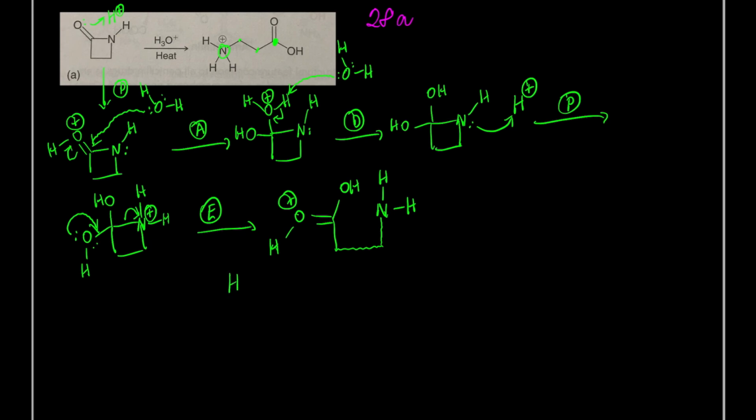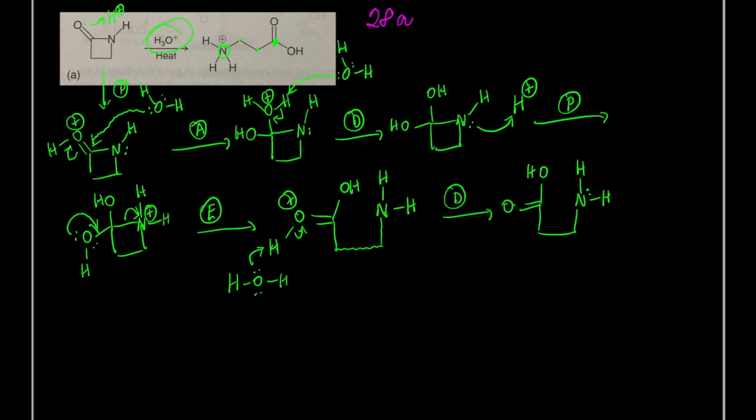We need to deprotonate, okay, deprotonate. And then, well, I'll just draw this out as a separate step here. So there we have our carboxylic acid, and carboxylic acids can exist in H3O plus reaction conditions.